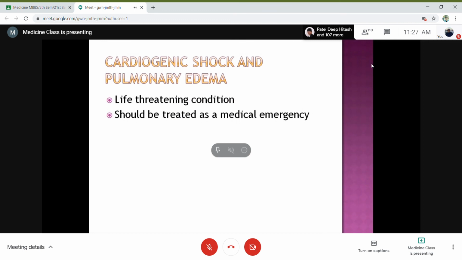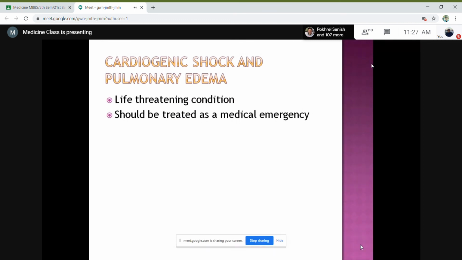Now since we were talking about heart failure, I want to mention again something about cardiogenic shock and pulmonary edema. As we have already said, it is a medical emergency.